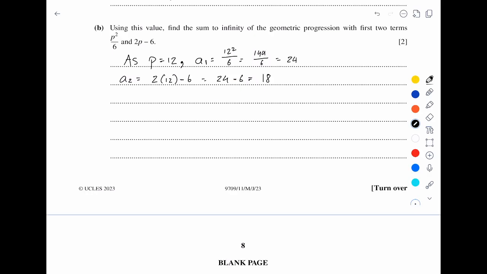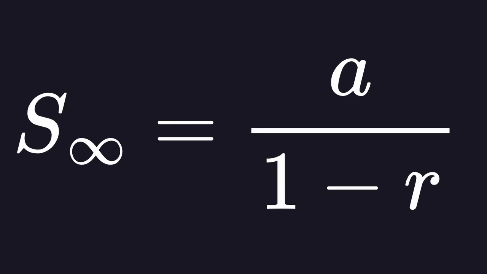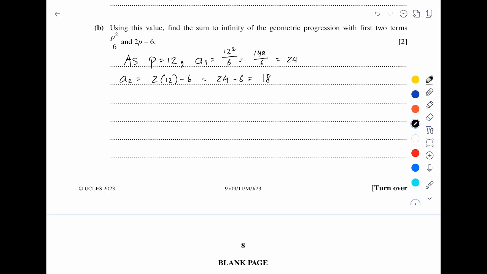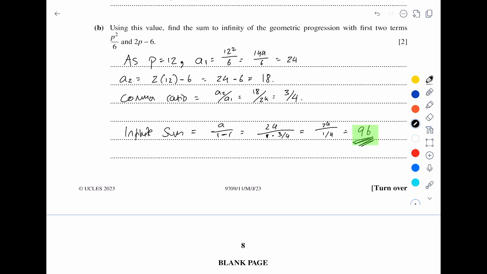Well, the sum to infinity is a over 1 minus r, where r is the common ratio. Now, how do we find r? Well, that's just two consecutive terms divided by each other. So with that in mind, let's do a2 over a1, which gives us 3 over 4. Putting this all together, we can say that the sum to infinity is equal to 96.